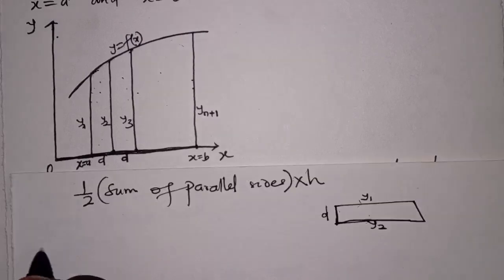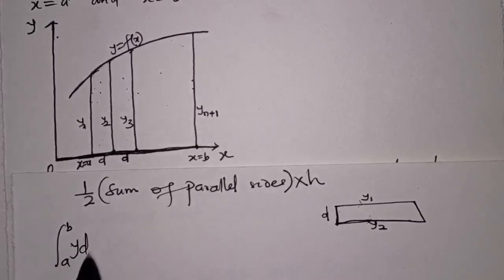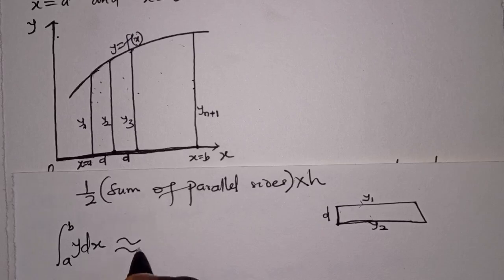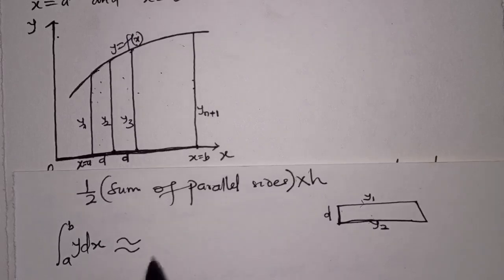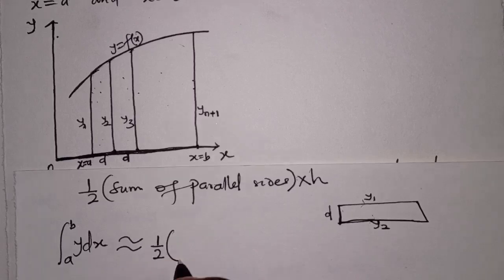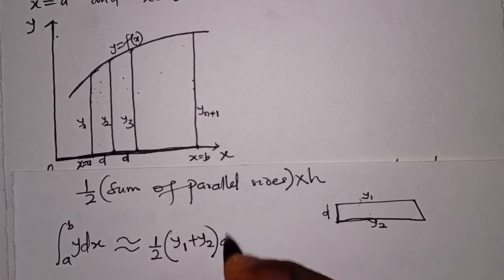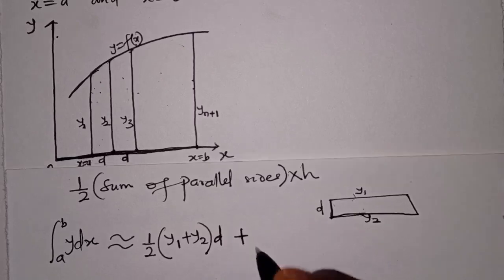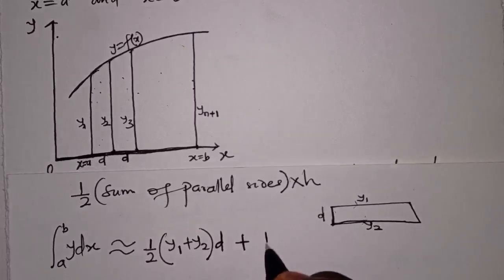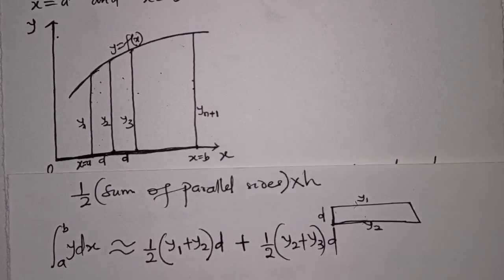So this is what I want to do. I'll write the integral from a to b of y dx is approximately equal to the area of the first trapezium: 1 over 2, the parallel sides are y1 plus y2, and the vertical height is always the width d. Then plus the area of the next trapezium: 1 over 2, y2 plus y3 times d.